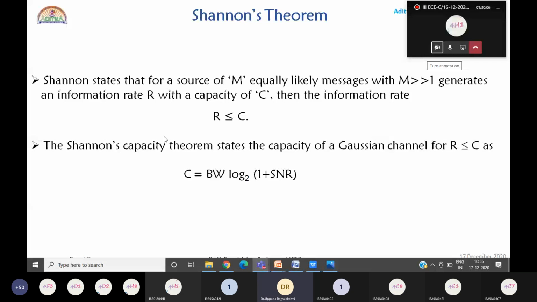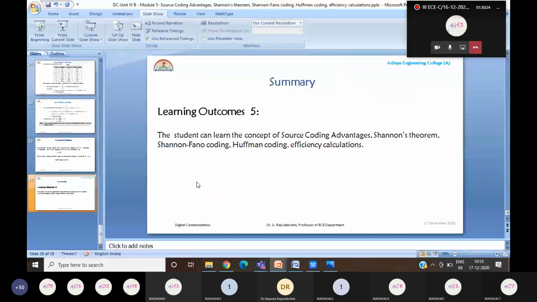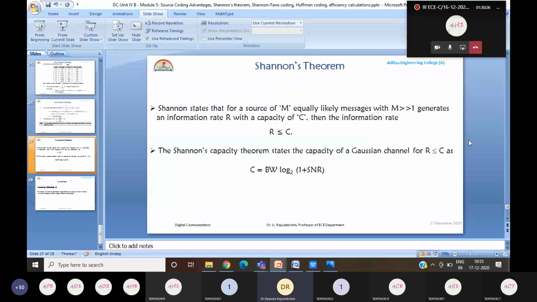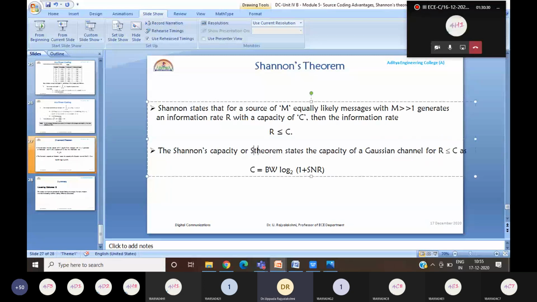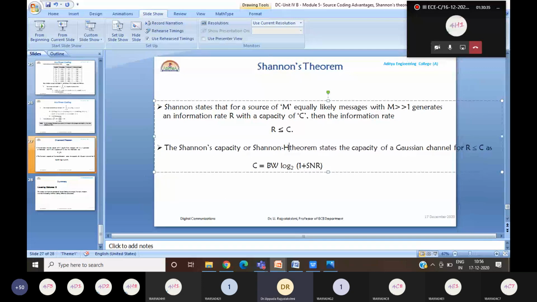Next here you can see Shannon capacity theorem. See, the second statement proof we will discuss in module 6. In the next module we will discuss this proof, and you can say that this is the Shannon-Hartley theorem. Okay, so this is Shannon's capacity theorem or Shannon-Hartley theorem.